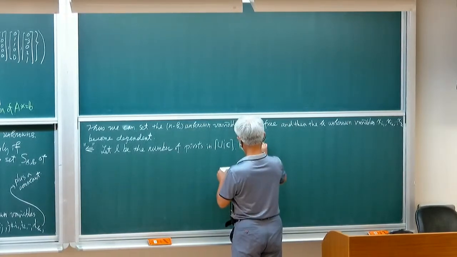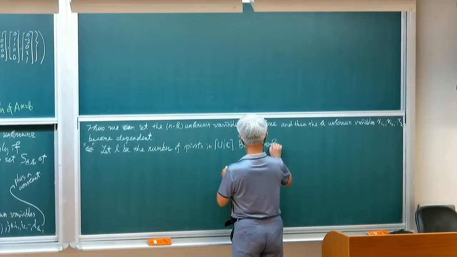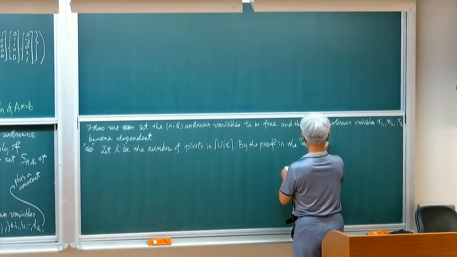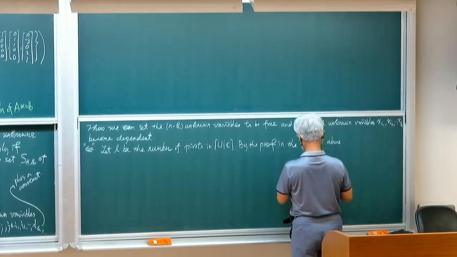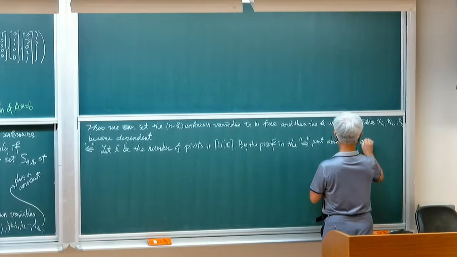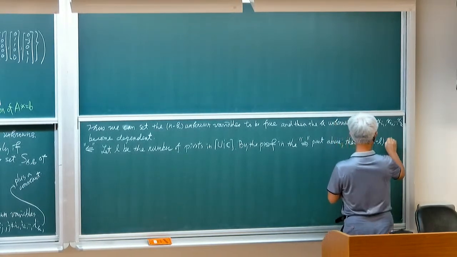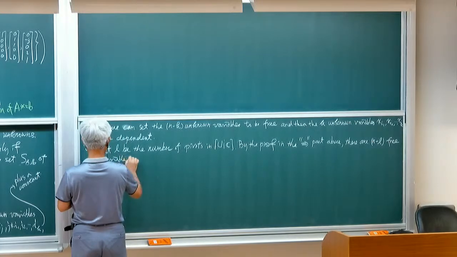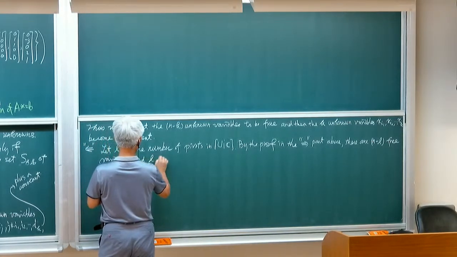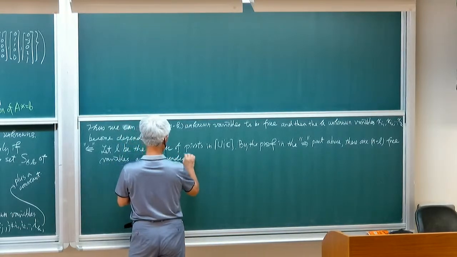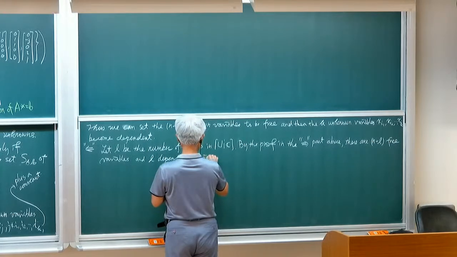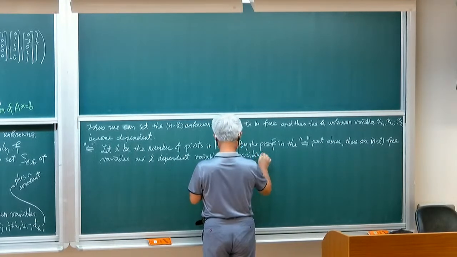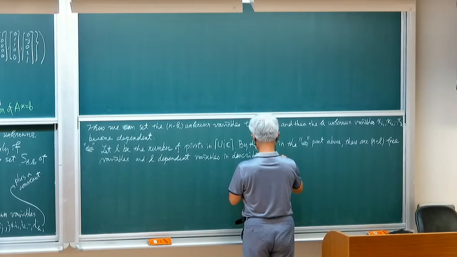So by the proof in the forward direction part, there are n minus L free variables and L dependent variables in describing the solution set.